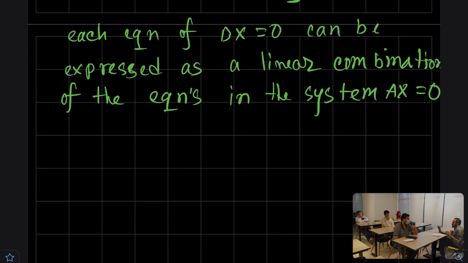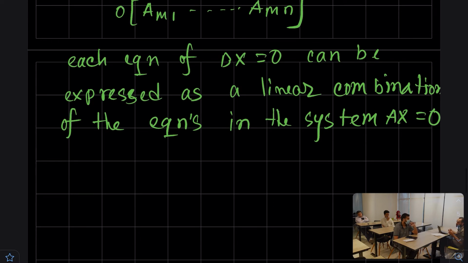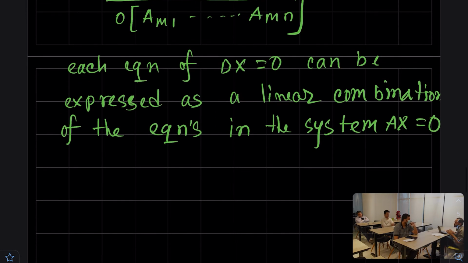Now what I'm going to show you is what we just proved in the previous theorem: for every elementary row operation E, there exists another elementary row operation E1 of the same type that is the inverse of that operation E, right?